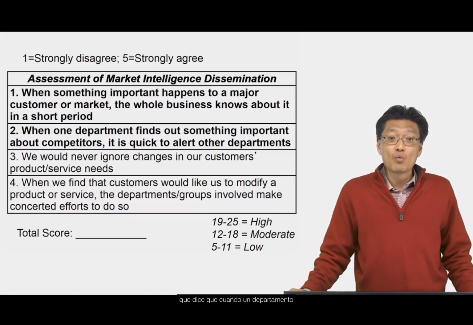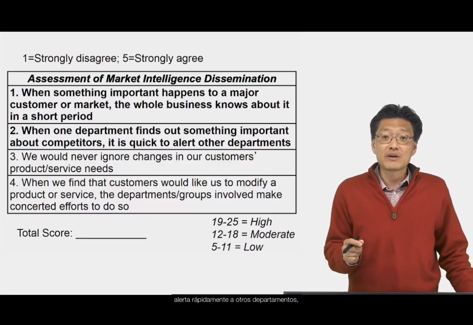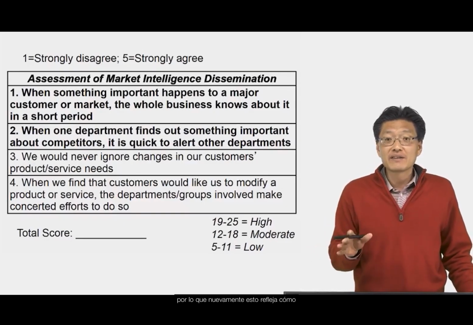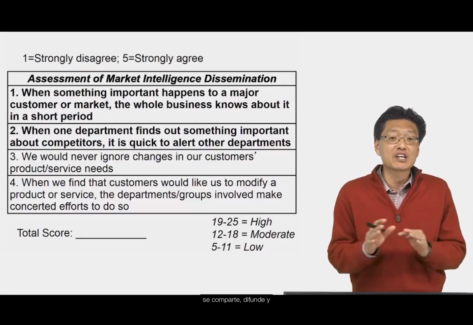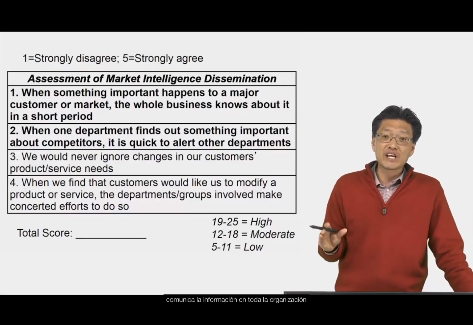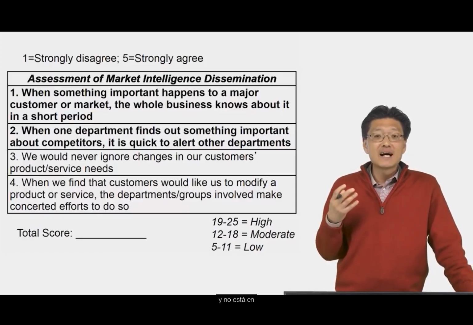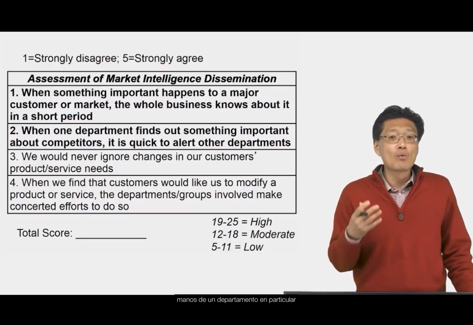Or the second question, which reads, when one department finds out something important about competitors, it is quick to alert other departments. So again, this reflects how information is shared and disseminated and communicated throughout the organization, and it is not held just by one particular department.